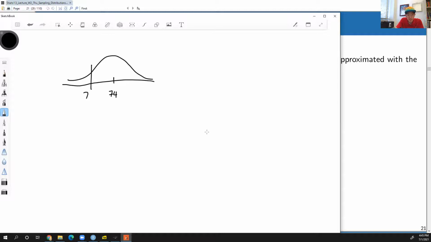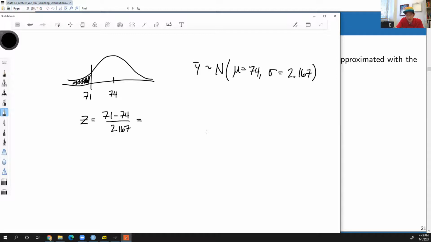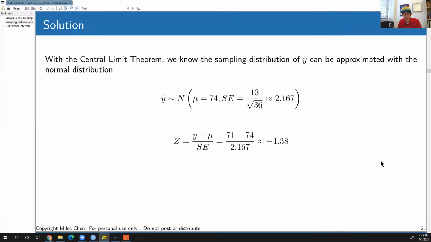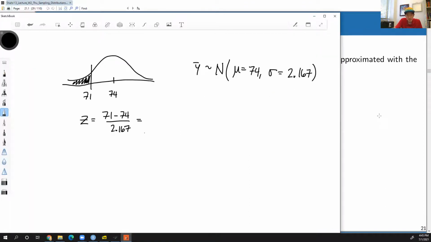We want to know the probability of being at 71 or lower. We have y bar coming from the normal distribution where the mean is 74 and the standard deviation is 2.167. So we're going to say the z-score is 71 minus 74 divided by 2.167, which is about negative 1.38.